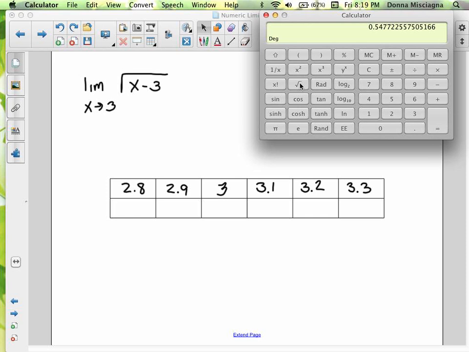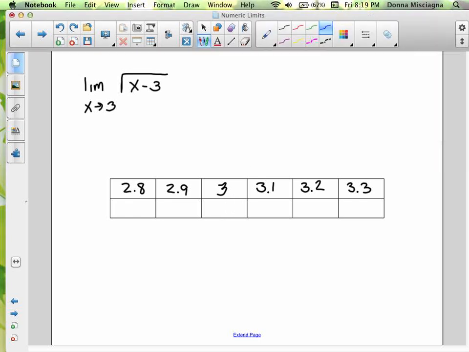Let me write these values in. So we've got 0, and then we have 0.3162, 0.44721, and 0.54772.